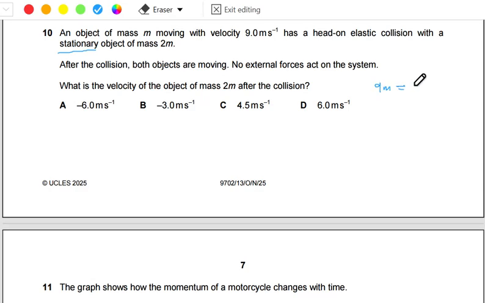After, we have m times v1 plus 2m times v2. We can remove m from all of the equations, so we have 9 equals v1 plus 2v2.